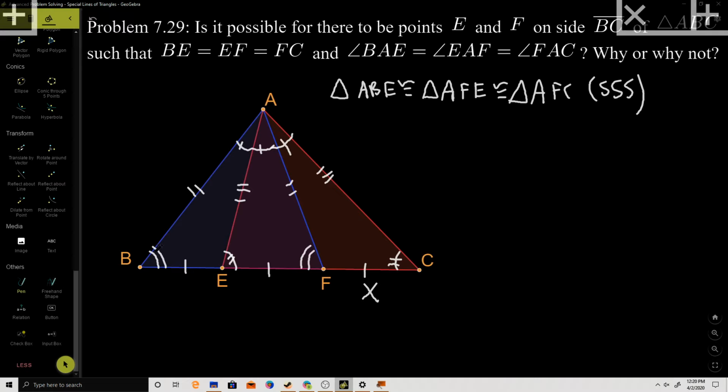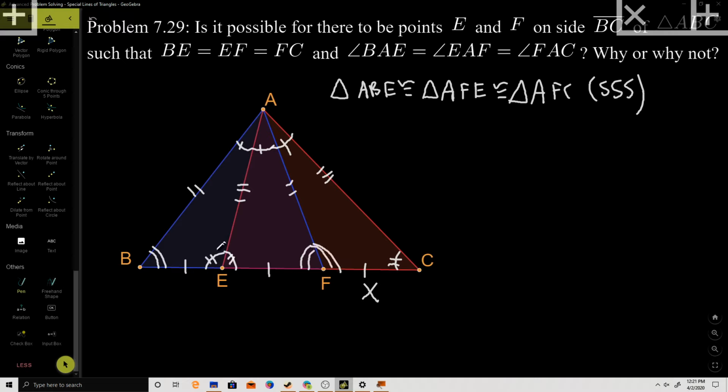Now if that's true, then that means the angle AEF is the same as the angle AEB. So these two angles are the same. And the angle AFC is the same as angle AFE.